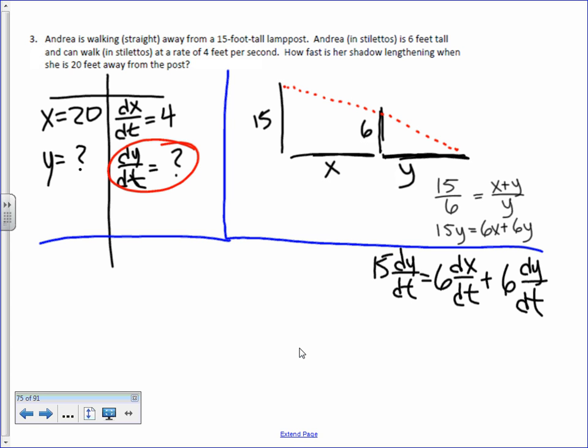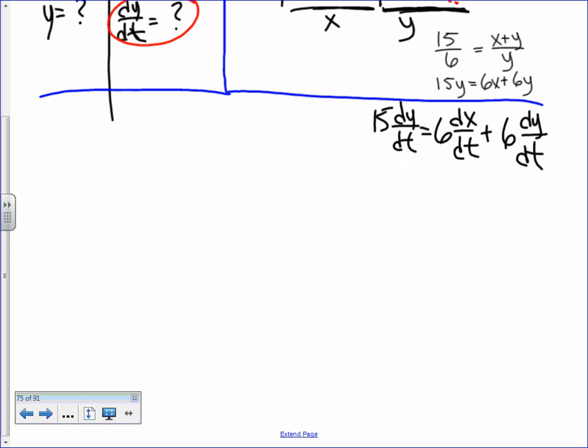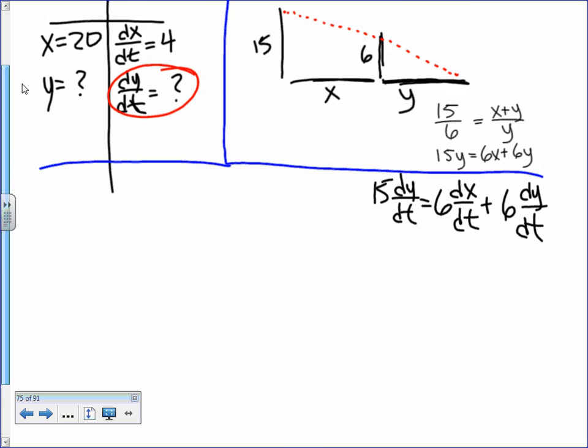Let's look. Do I have enough information already to plug in? I think so. If I'm trying to solve for dy dt here, I have enough stuff to go ahead and plug in. So I plug into my problem. What's going in for dx dt? I got to scroll back up real quick. dx dt is 4.